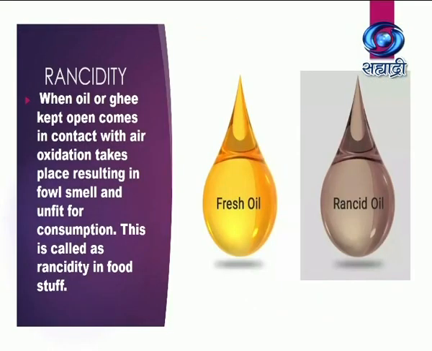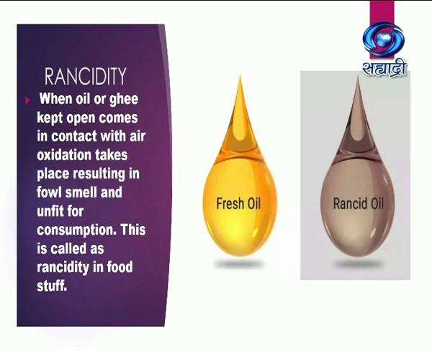Now, one more example of oxidation reaction is rancidity. You can observe two different colors of oil drops in this figure: fresh oil and rancid oil, which is seen blackish in color. When oil or ghee kept in the open comes in contact with air, oxidation takes place, resulting in foul smell and making it unfit for consumption.